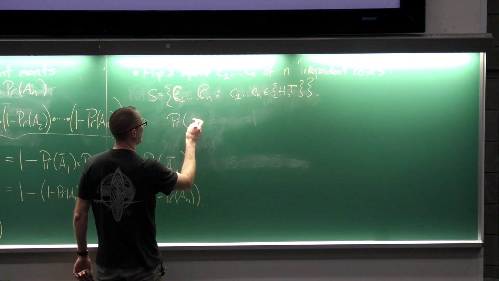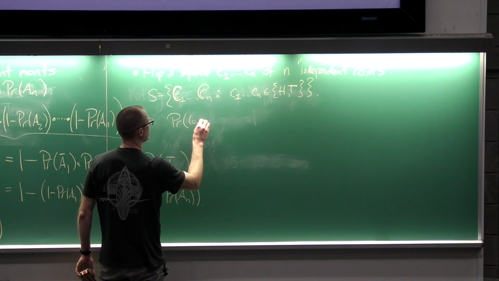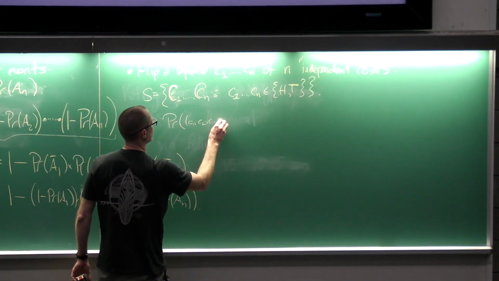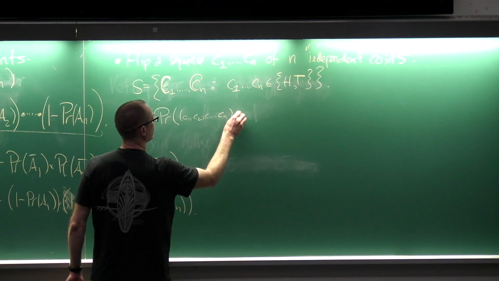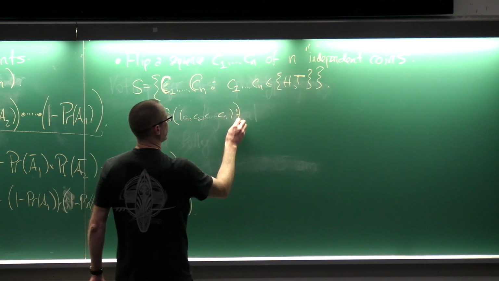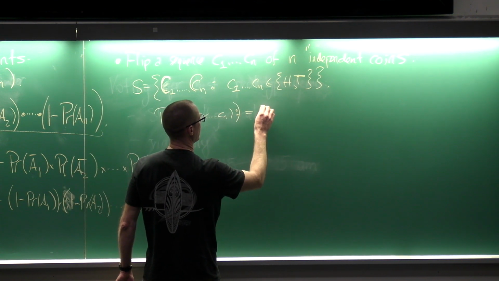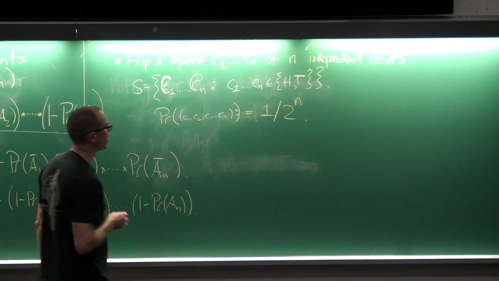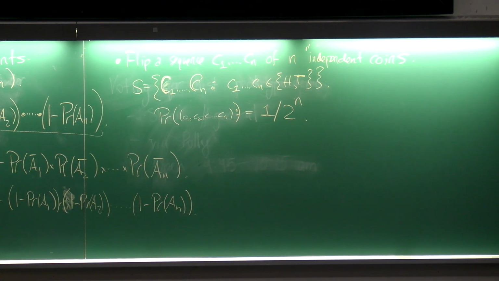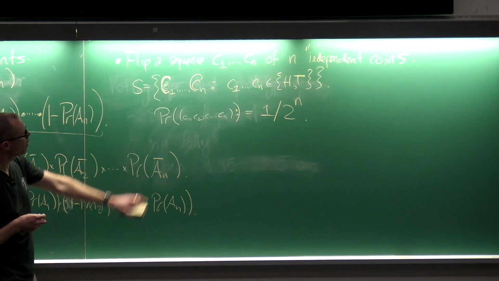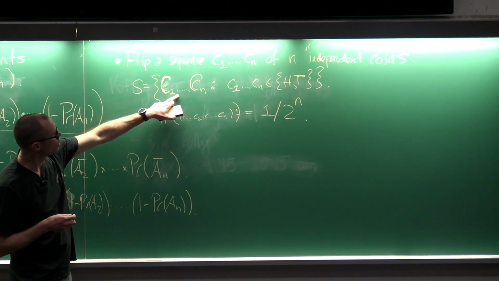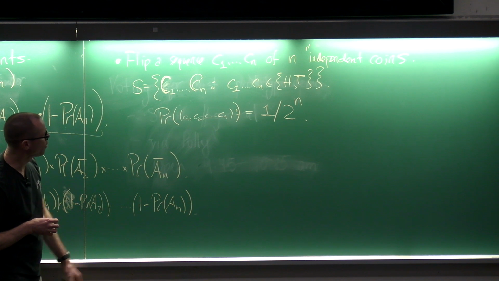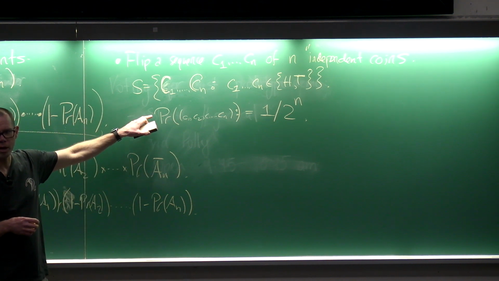The probability of any particular outcome, little c1, little c2, up to little cn, is just going to be 1 divided by 2 to the n. The size of this space is 2 to the n because there are 2 choices for the first one, 2 choices for the second one, 2 choices for the third one, all the way up to the nth one, and this is the probability of any particular thing.